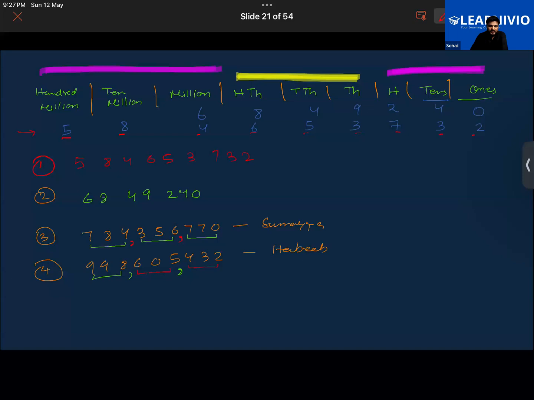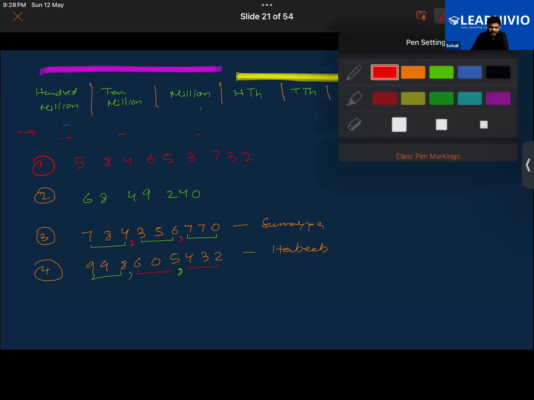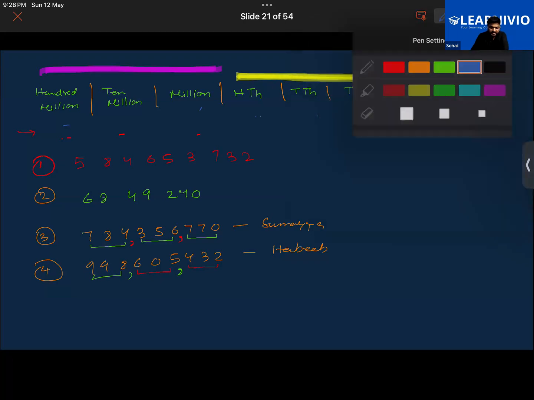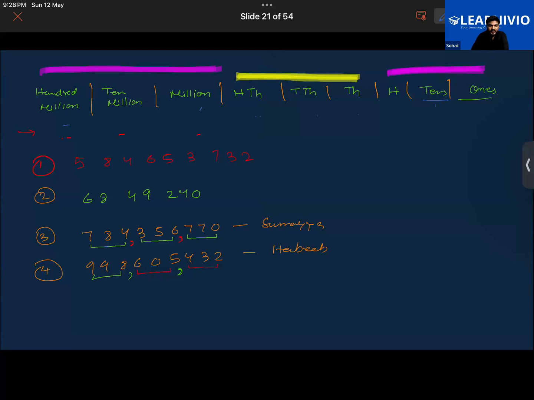In the usual place value chart, how did we read it? See, what you simply have to do is place the numbers at the appropriate places.